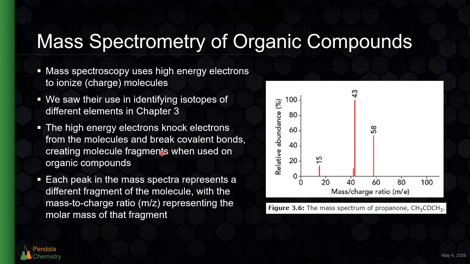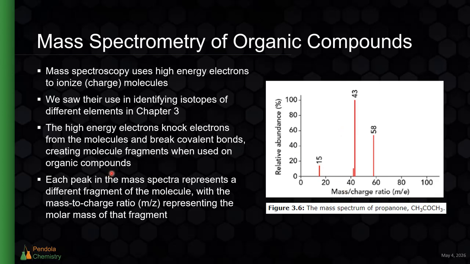So when we do a mass spectra for an element, we will see peaks that represent all the different isotopes of the element. But when we do a mass spectra for an organic compound like the one here, each peak represents a different fragment.